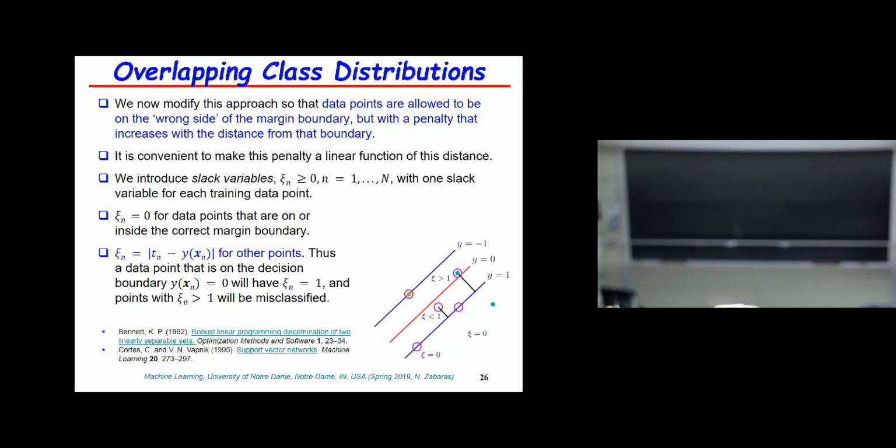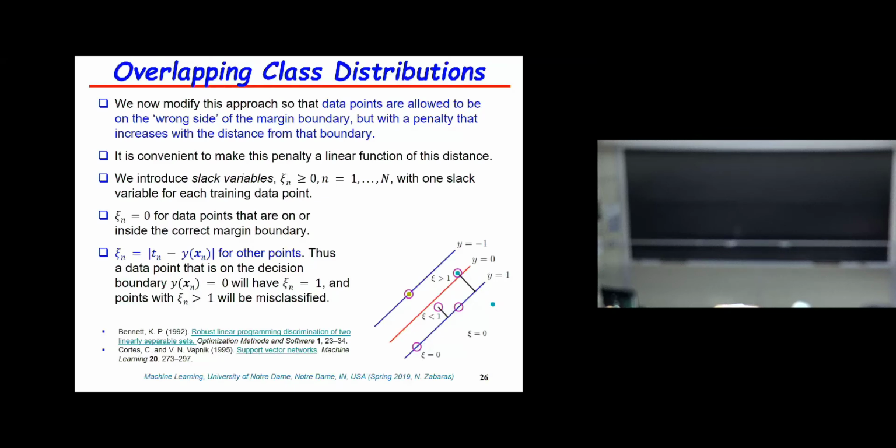So we're going to set ξn equal to 0 for all the data points that are on or inside the correct margin boundary. So you can see here, all these data points have ξ equal to 0, and on this boundary ξ equal to 0. Now on this side of the separating hyperplane, ξ will be less than 1, and on the other side ξ will be greater than 1.